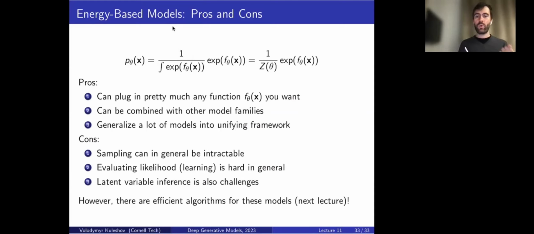And there are also ways of learning these energy models without even having to compute the constant. I showed you one approximate way of learning energy-based models using MCMC and contrastive divergence, and we're going to see an even better way of learning them in the next lecture when we're going to look at score-based generative models.